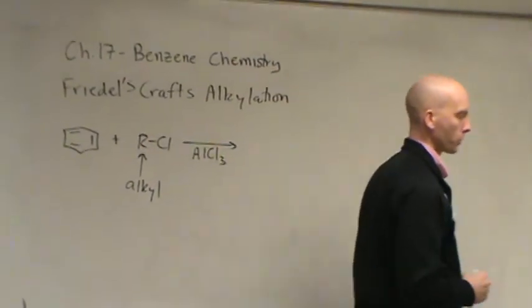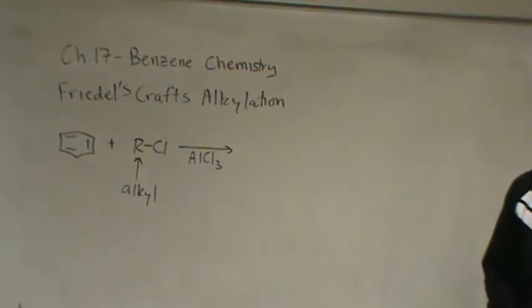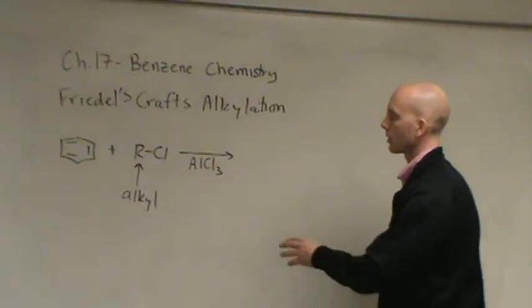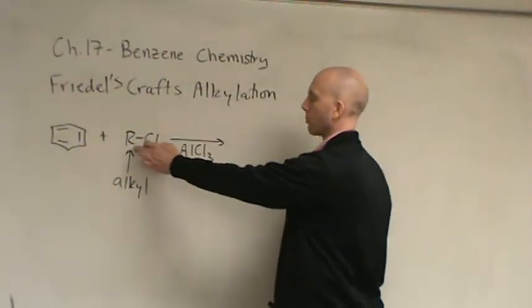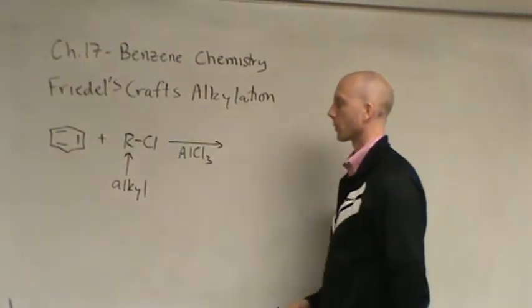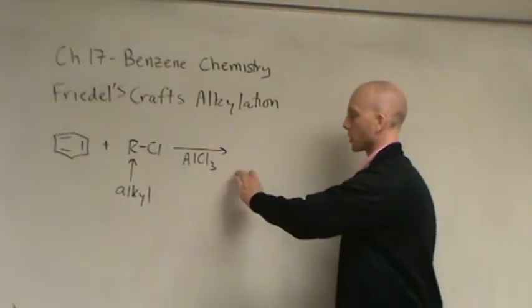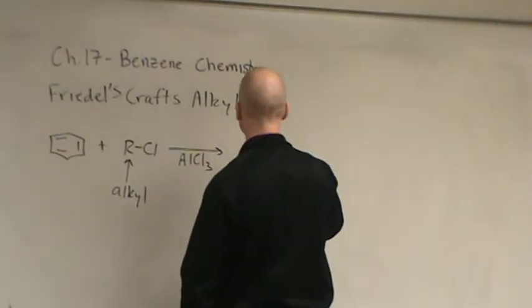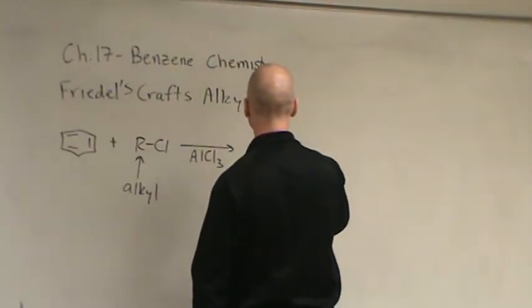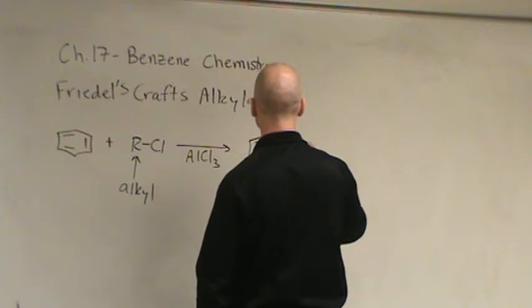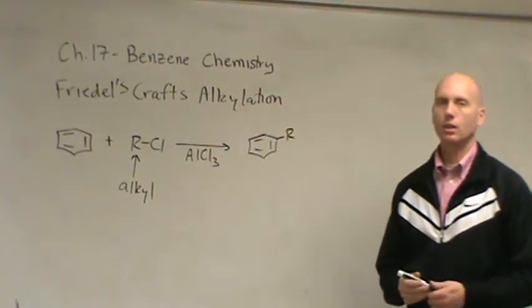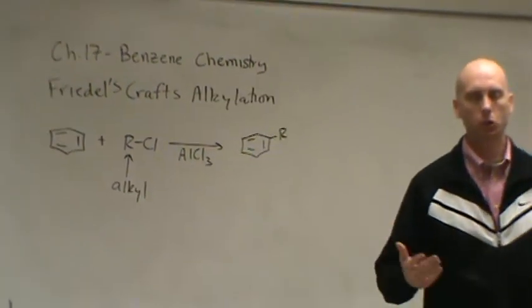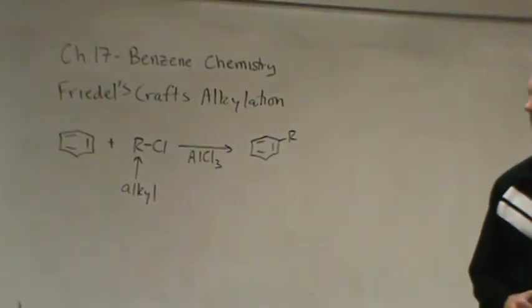Where what we're going to do is take benzene and this time react with an alkyl group attached to a chlorine and use an acid catalyst once again. And that puts on the alkyl group that we're just symbolizing as R.